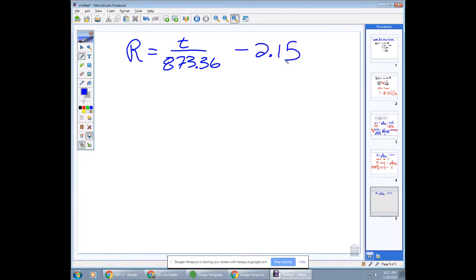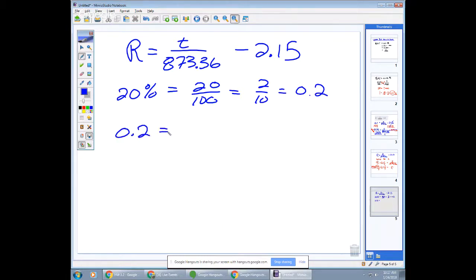And here we're given that R is 20%. 20% means 20 over 100, which reduces down to 2/10 or 0.2. So I've got 0.2 equals T over 873.36 minus 2.15.